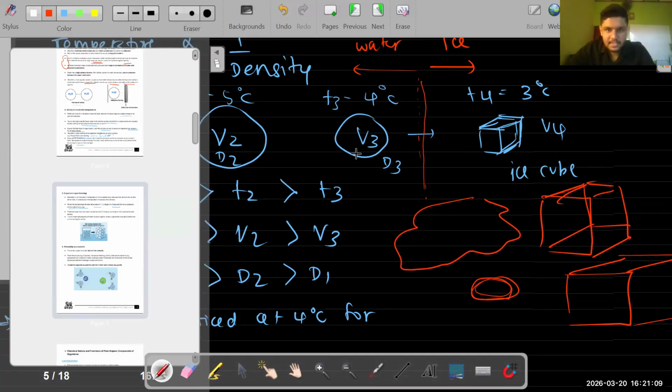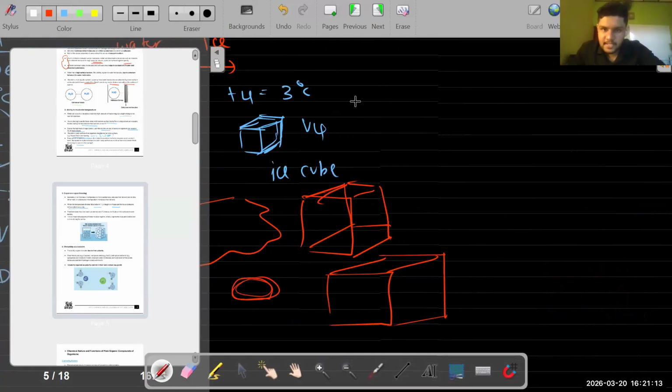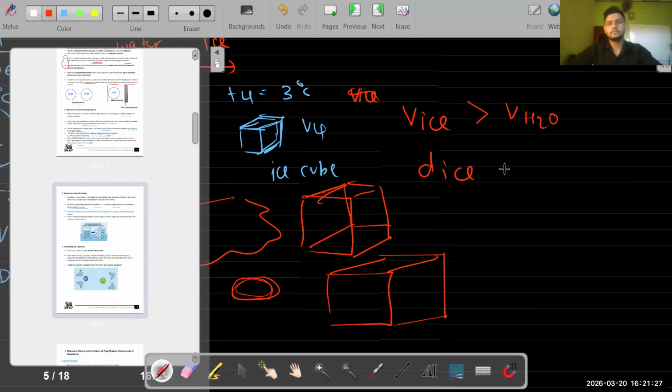So volume of ice is compared to liquid water greater. Now V ice means volume of ice is greater than V water. Means density of ice, is it greater than water or less than water? Density of ice, is it greater than water or less than water?